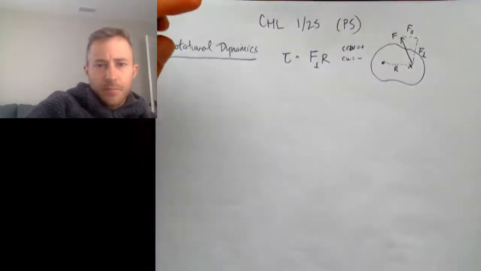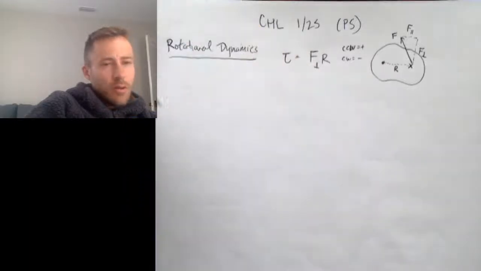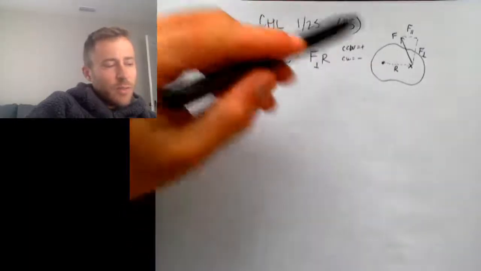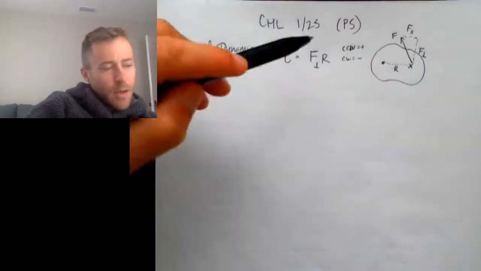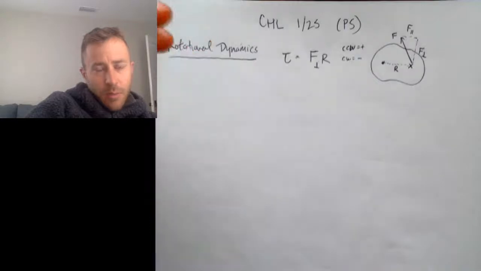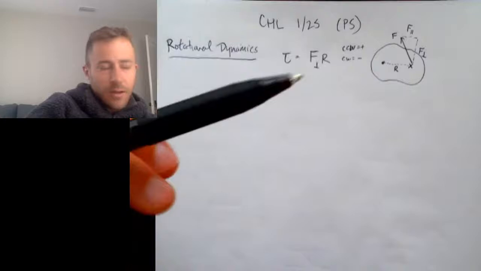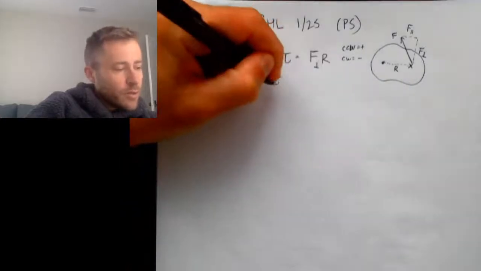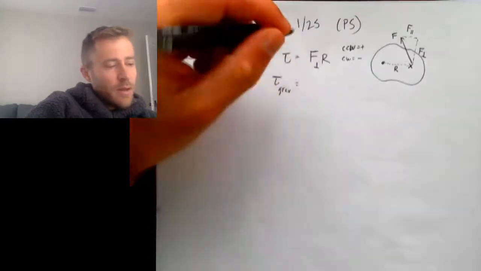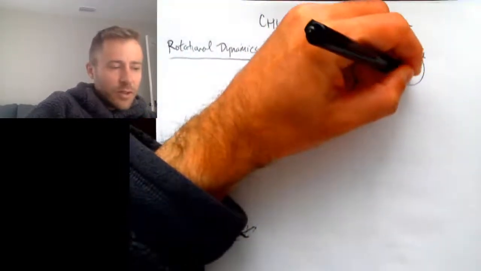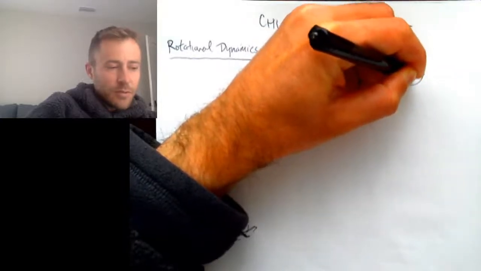All right. Most of the time, these forces might be applied forces. However, sometimes the force is gravity. So gravity can exert a torque. For the torque due to gravity, let's say that the center of mass is right here. This is the symbol for center of mass.